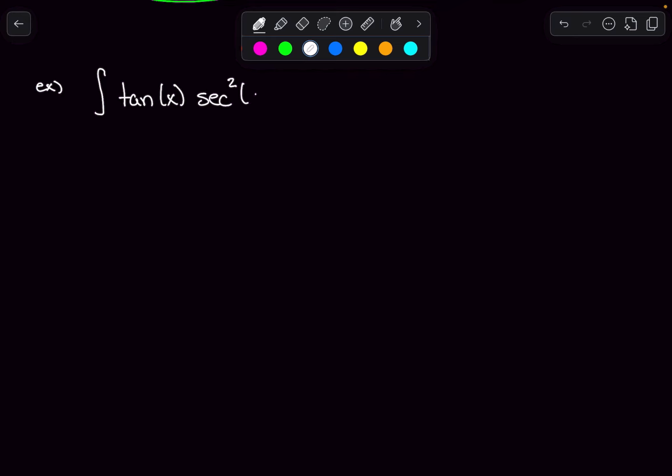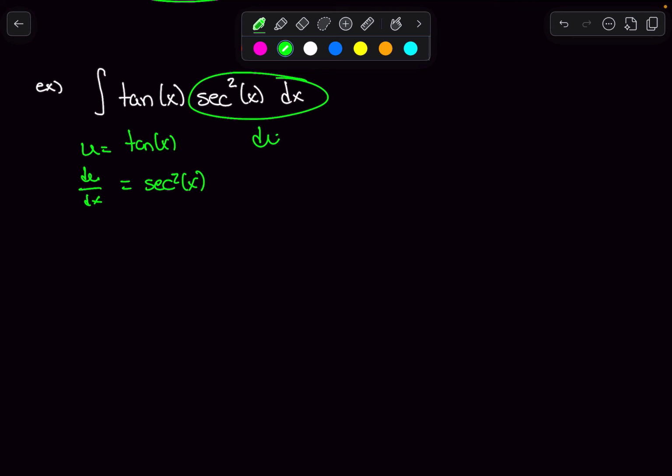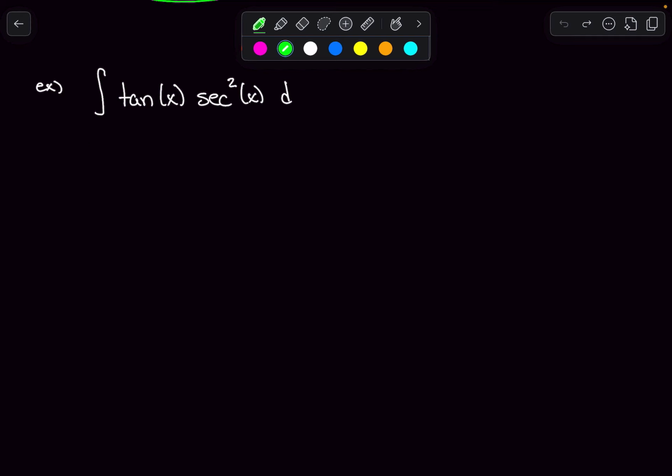Well, all right, so if we did secant squared of x, right, this one's a pretty easy u substitution because if u is equal to tangent of x, the derivative of tangent of x is equal to secant squared of x, and life is good because this will end up becoming our du. And then all we need to do is the integral of u because we've let u be equal to tangent. So I'm going to say let's spice this thing up a bit, and instead of doing tangent of x times secant squared, let's do times secant cubed of x dx. Okay, let's try this one.